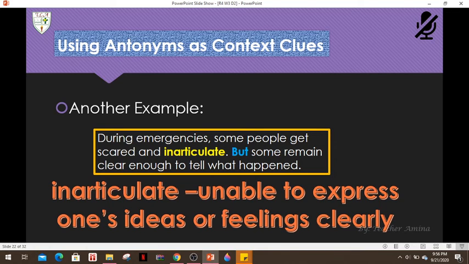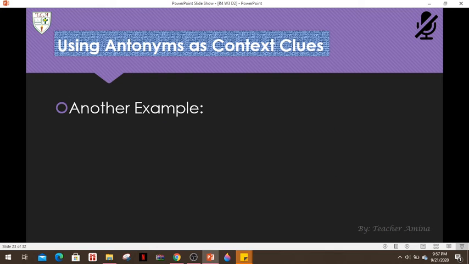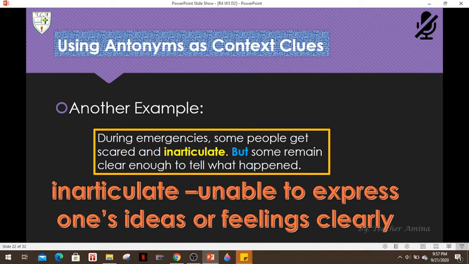Because of the antonym, not clear enough. That is the antonym of inarticulate, and that is how we came up with this meaning.